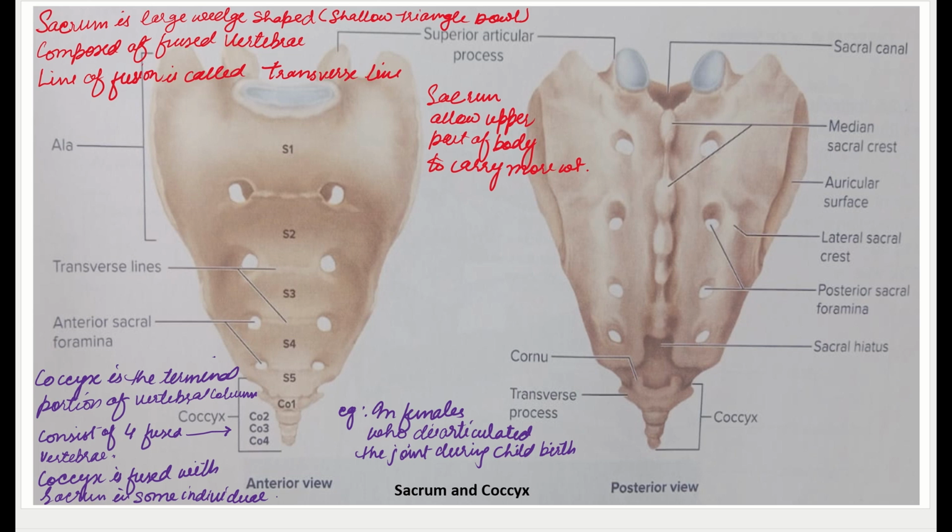The coccyx is the terminal portion of the vertebral column and it consists of four fused vertebrae. The coccyx is fused with the sacrum in some individuals, for example in a female who has disarticulated the joint during childbirth. The image here represents the sacrum and coccyx in an anterior view and a posterior view. You can see here the other features of these listed.